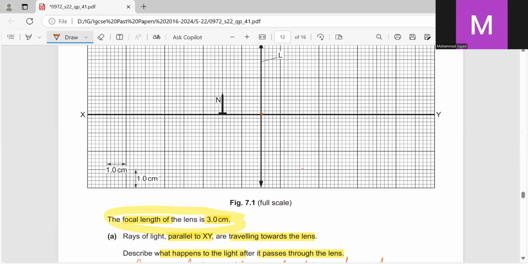Now, the most common mistake done by students is they just pick up the ruler and try to mark 3 centimeters on this graph. That will not work, my dear friends. They have given you, by the way, see, 1 centimeter is equal to how many boxes? See, 1, 2, 3, 4, 5.